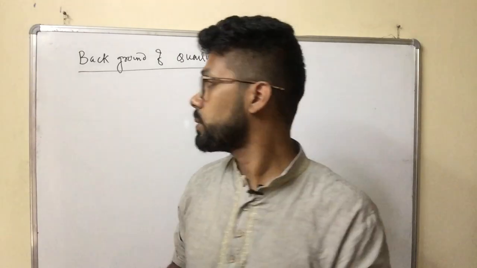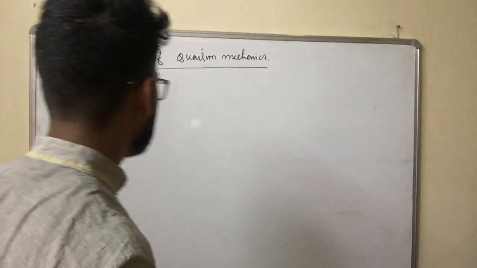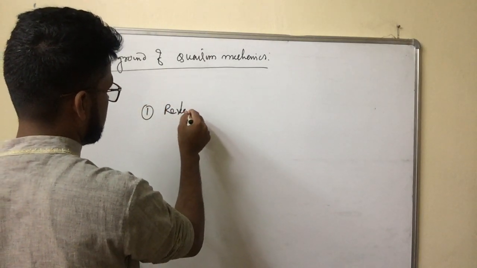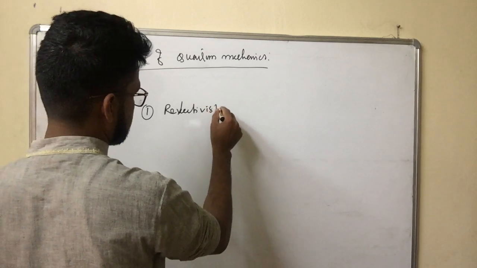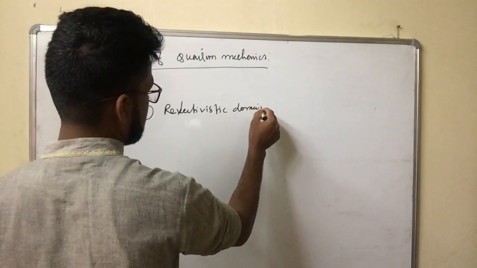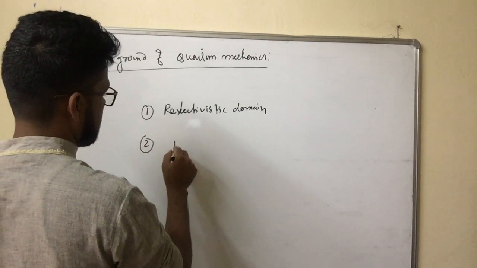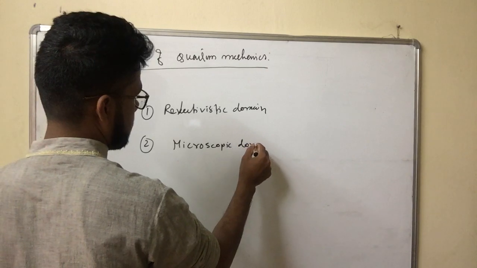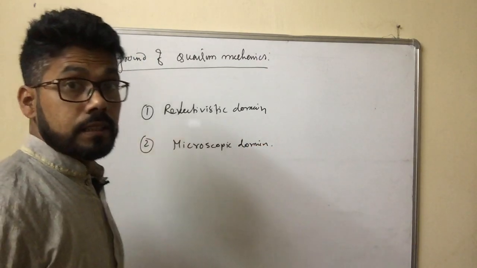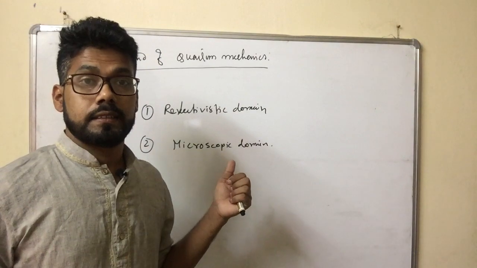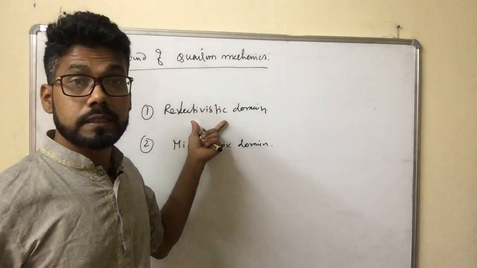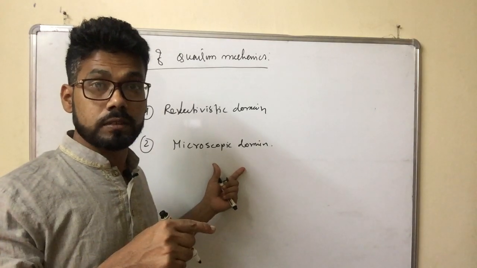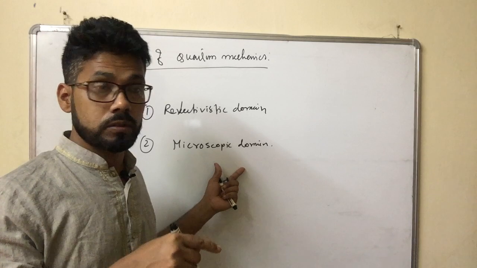Two important challenges that classical physics faced: one is the relativistic domain, two is the microscopic domain. Classical physics totally failed in these domains at the turn of the 20th century, just the beginning of the 20th century.